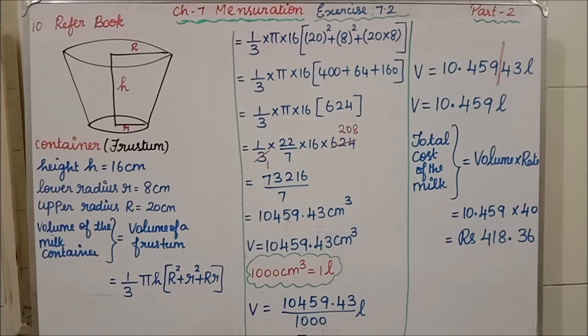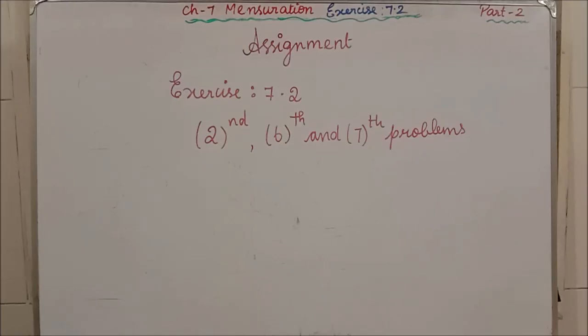Here students, all of you, this was the 10th question. In exercise 7.2 we have completed 10 problems, and from them I am going to give you 3 problems for your homework. Students, the second problem, 6th problem and 7th problem in exercise 7.2 are homework. All the 3 problems are very simple and will take only half a page.